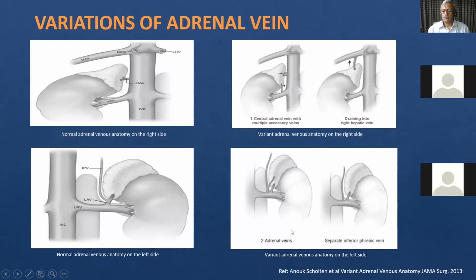Similarly, in the left adrenal veins, there are venous variants, like the left adrenal vein initially opening into the left phrenic vein, then opening into the left renal vein. Sometimes there could be two adrenal veins, or separate inferior phrenic veins will be present.